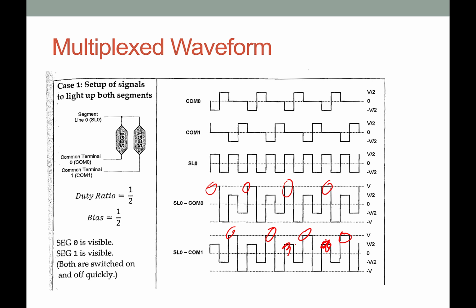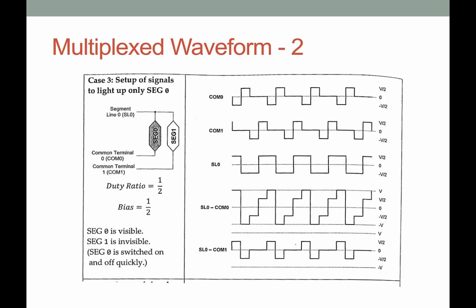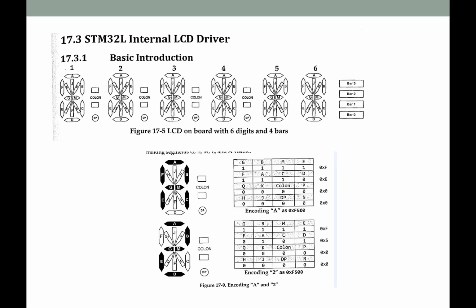I don't really want to do it now. Here, the light would be visible. For the other one, it never gets above V over 2, so it's never visible. This one is visible, this one's not visible. Again, we'll do this in more detail, but it would take several minutes to go through all of this.